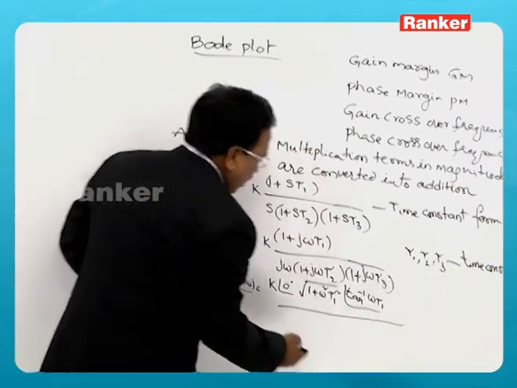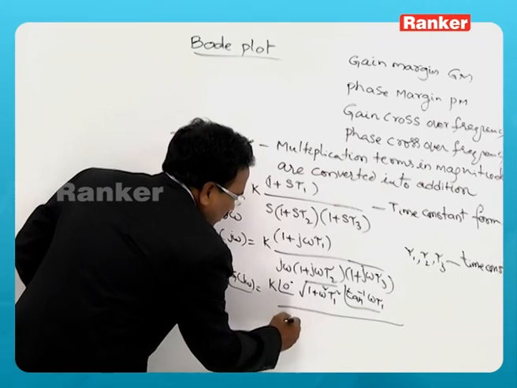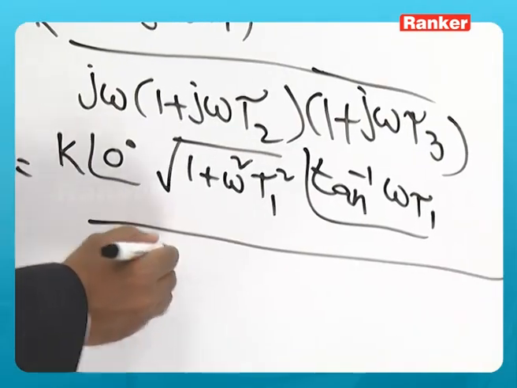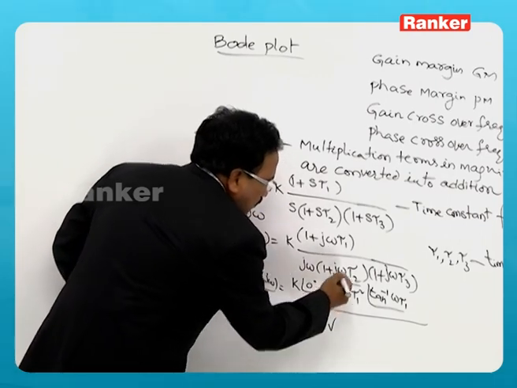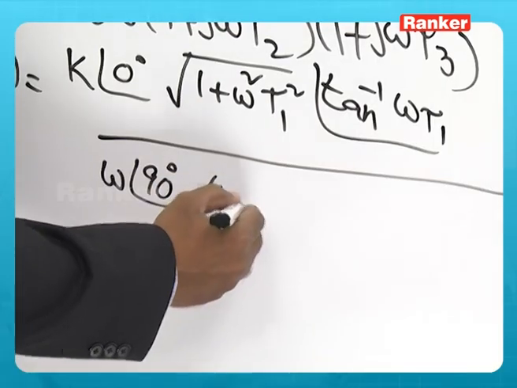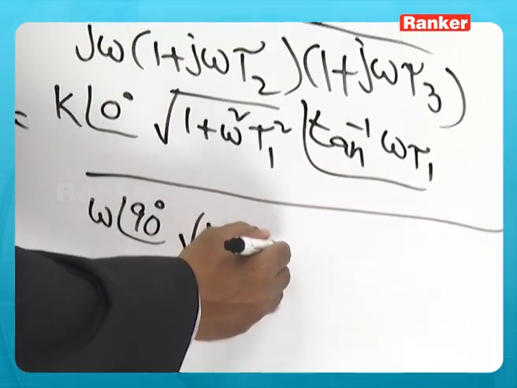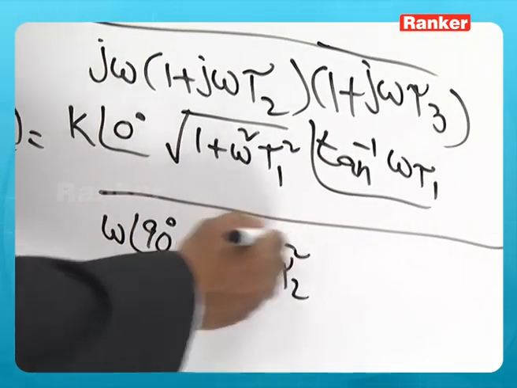Now, the division by j omega is written as omega at an angle of 90 in polar form, and the magnitude of this pole is square root of 1 plus omega square tau 2 square.